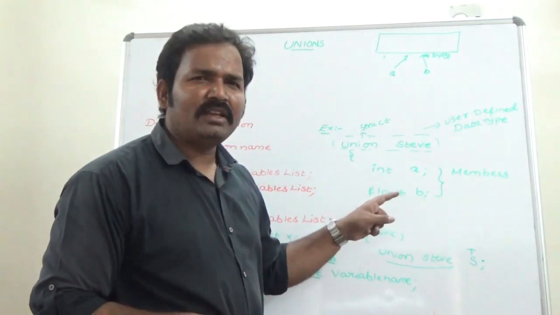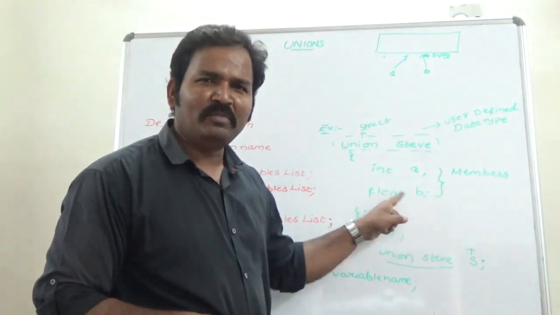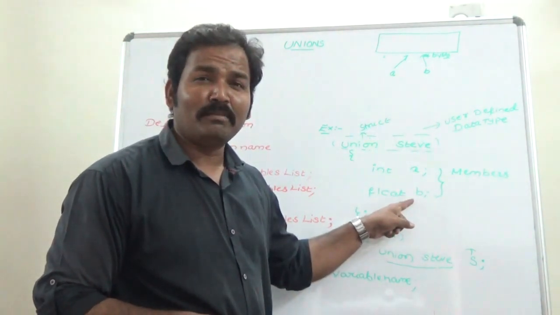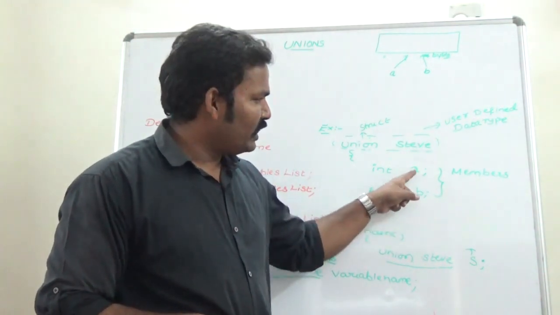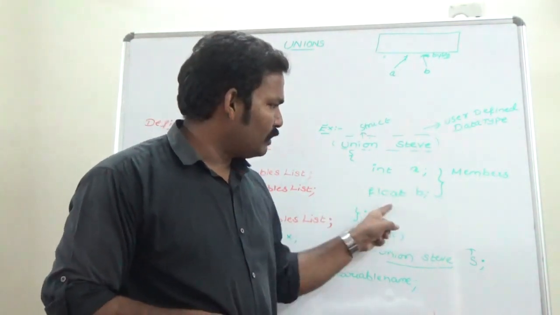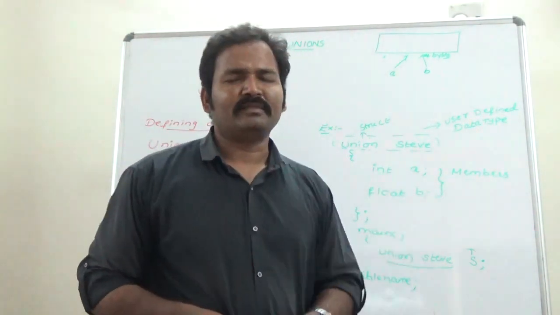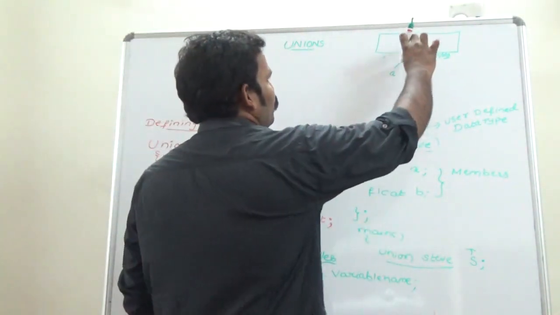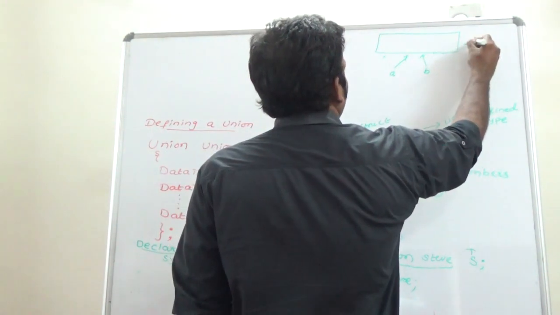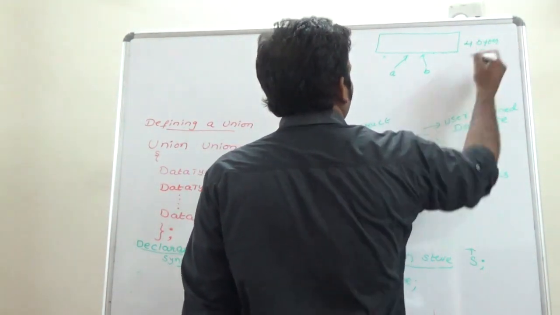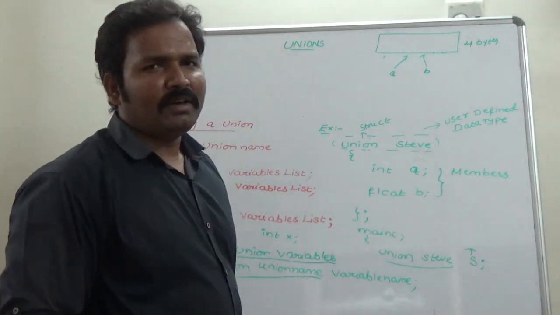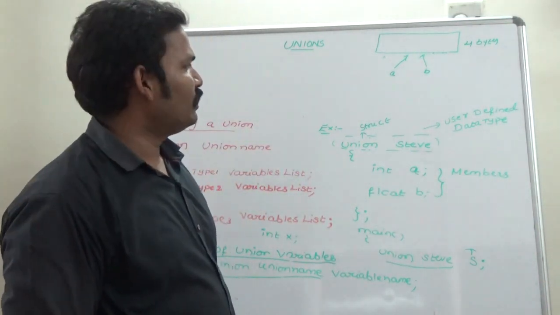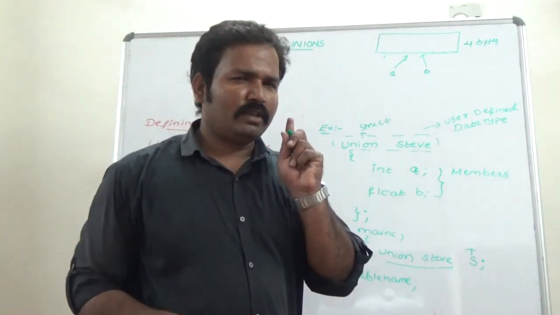So the largest member here is float B. So for union members, the largest member's memory is allocated. That means only 4 bytes of memory is allocated for these two union member variables. So you have to remember that point.